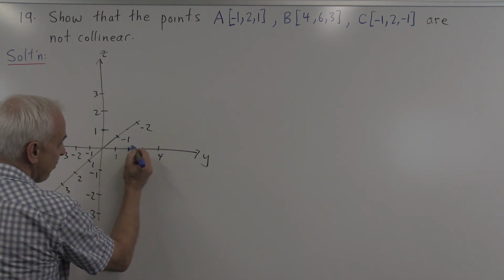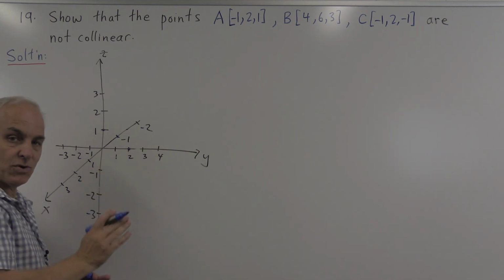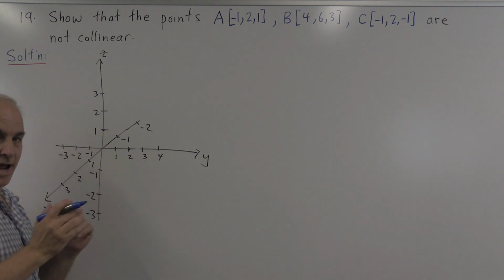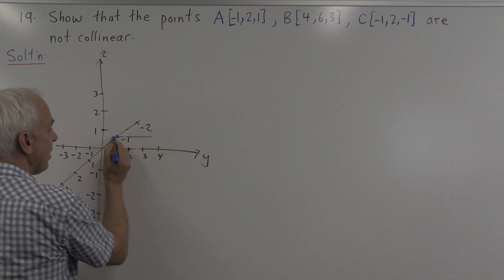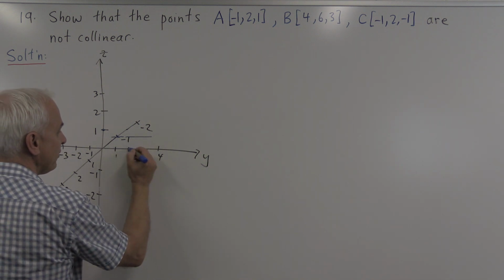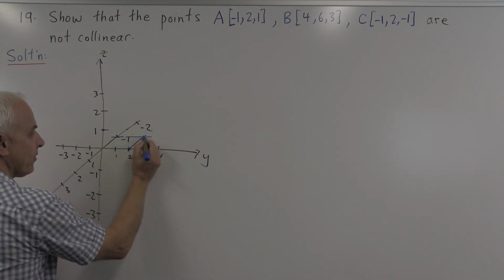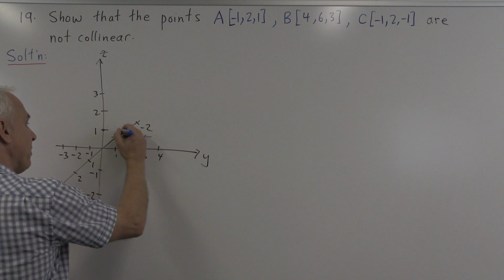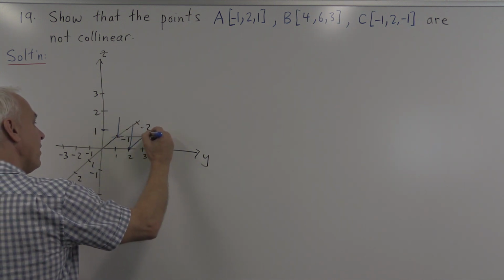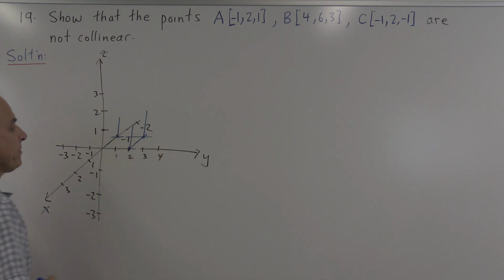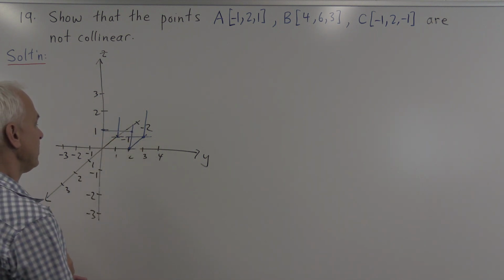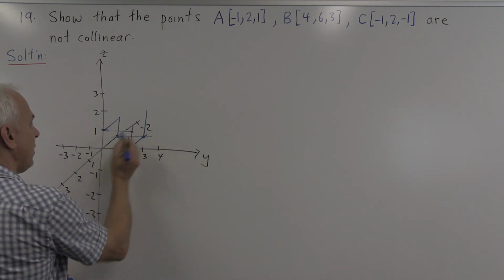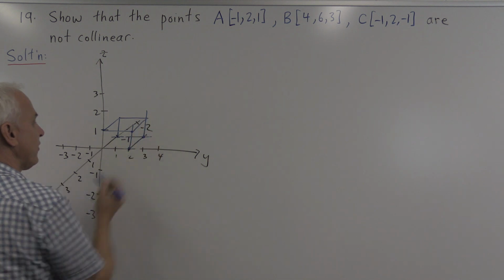To draw that box, just think in terms of only drawing lines which are parallel to one of the 3 coordinate axes. So from this one here, we're going to draw a line that's parallel to the Y, and from here, we're going to draw one that's parallel to the X. So we get a point there, and then we're going to draw some which are parallel to the Z through that point there, and then we're going to go over like this, and we go up here, across like this.